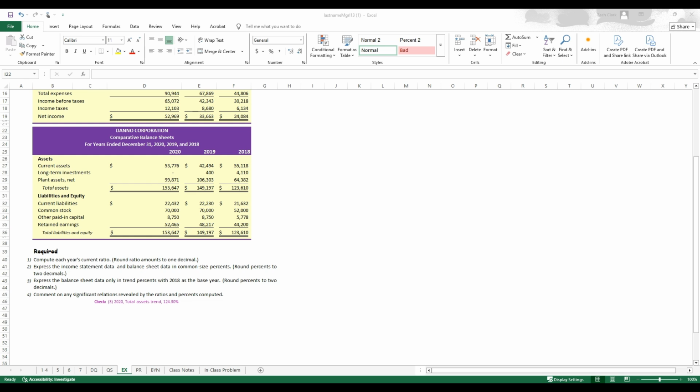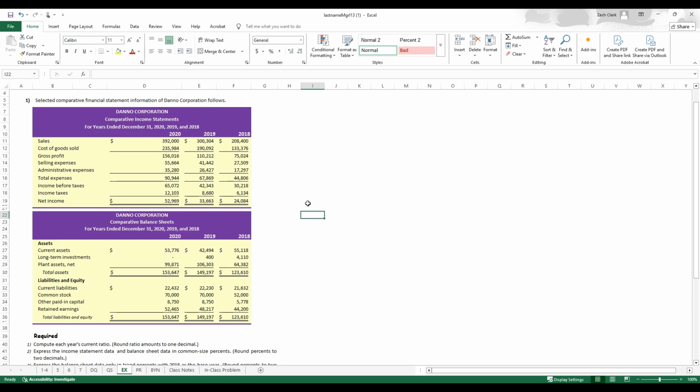And then we need to do some trend analysis: express the balance sheet data only in trend percents with 2018 as the base year. And then we need to comment on any significant relations revealed by the ratios and percents computed.